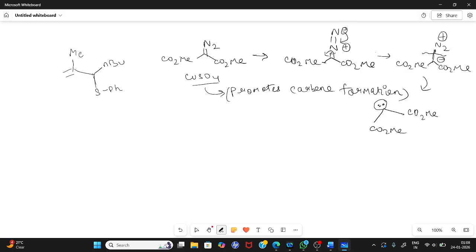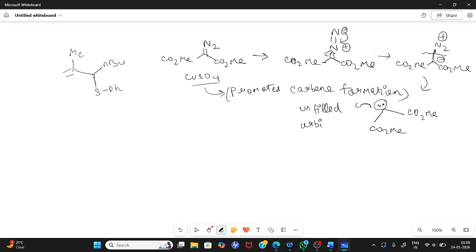You see this carbon has only two bonds, and one incomplete or unfilled orbital is present in these carbenic carbons.